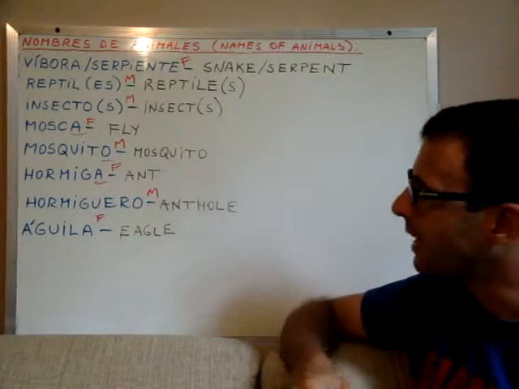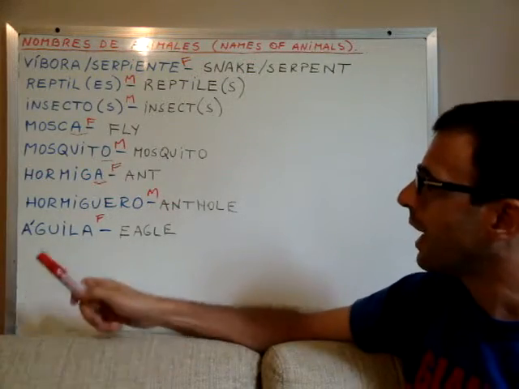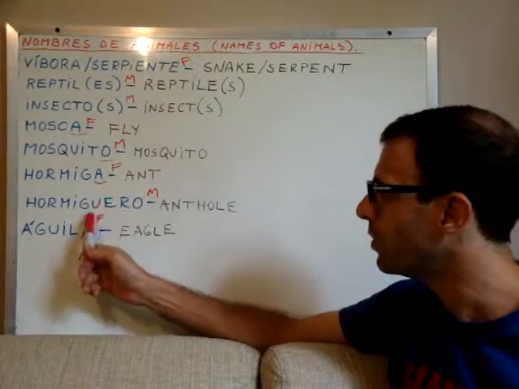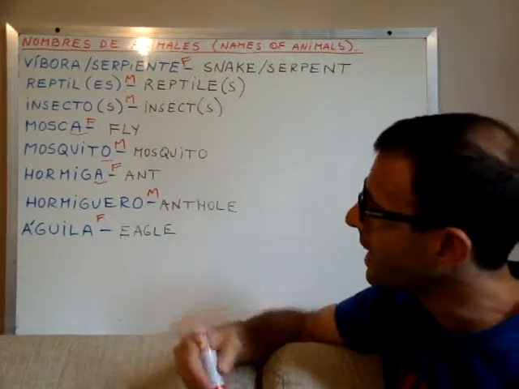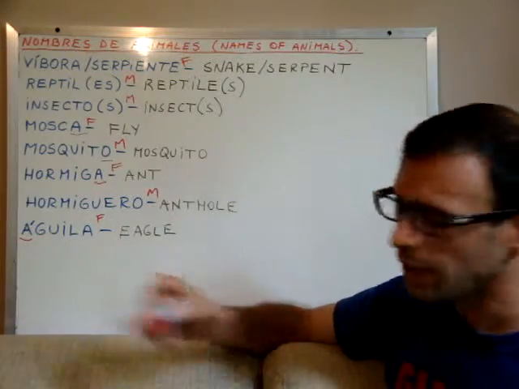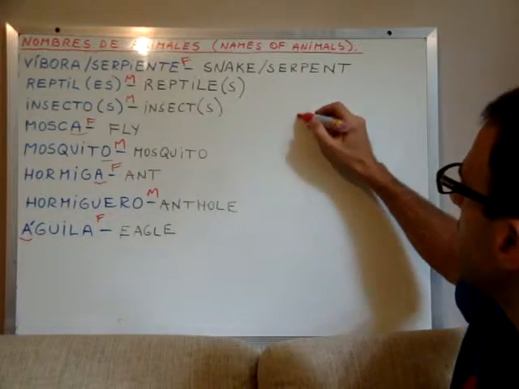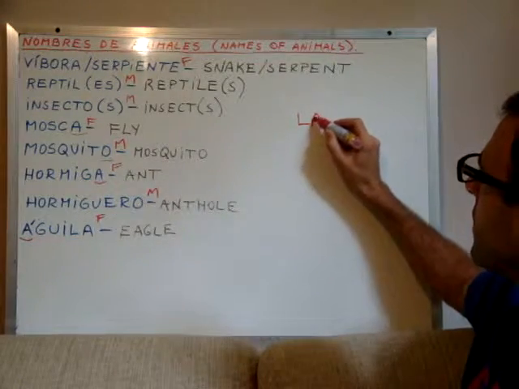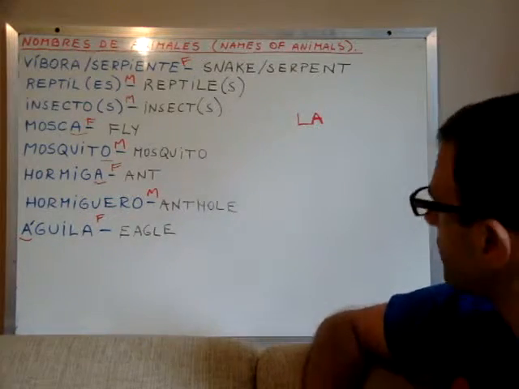Okay? Águila means eagle. Águila is one of the many feminine nouns that begin with an A, right? The article for the feminine nouns is la, okay? La is the definite article for feminine nouns.